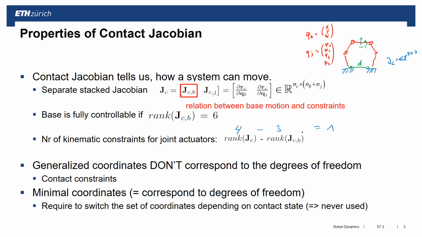If I wanted to avoid having constraints and generalized coordinates, I would have to move to minimal coordinates, which then really correspond to the number of degrees of freedom in my system. But for floating-base systems which interact with the environment at different locations at different times, that would require switching the set of coordinates depending on the contact state. So in practice, this is really never used.